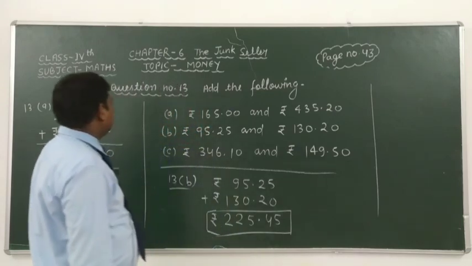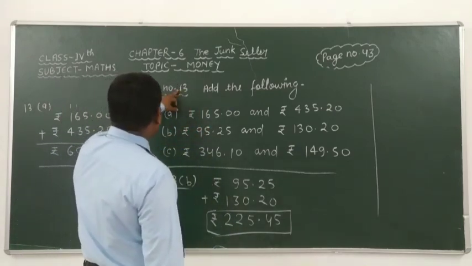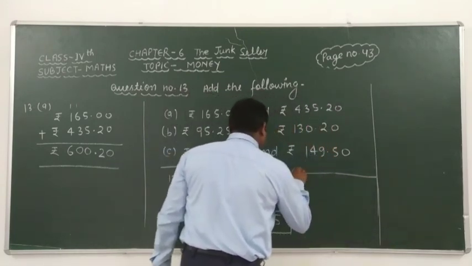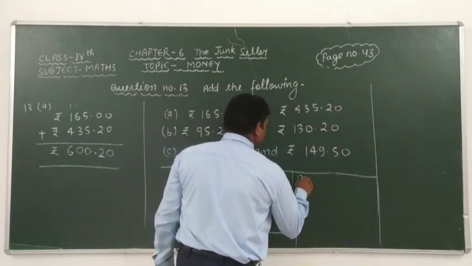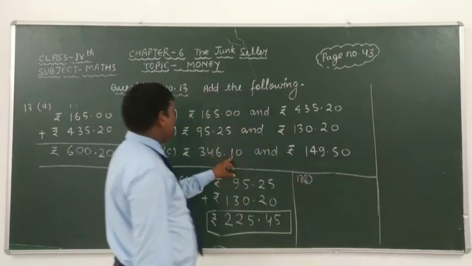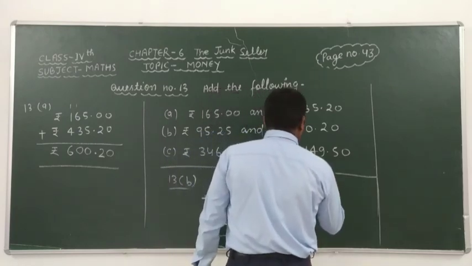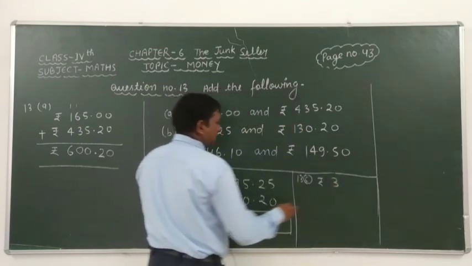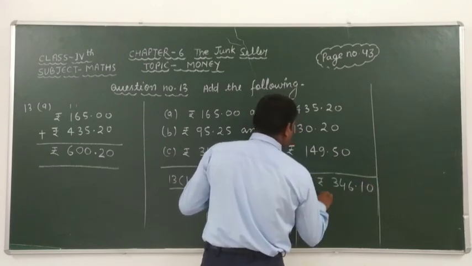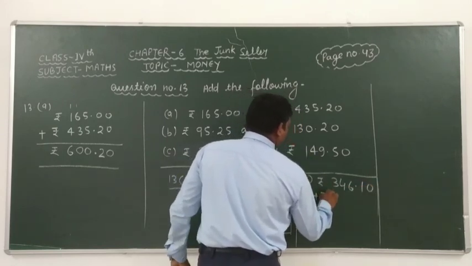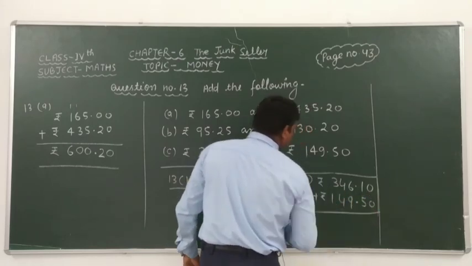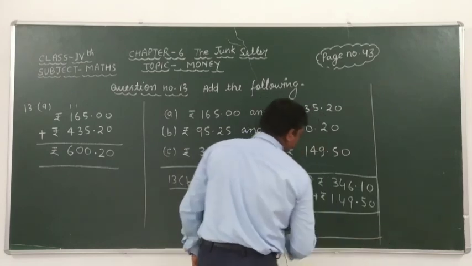Okay, so now let's start question number 13 of C. Here given that rupees 346.10 plus rupees 149.50. After adding these we get the answer of this question.